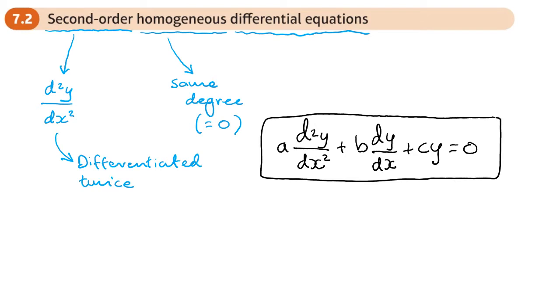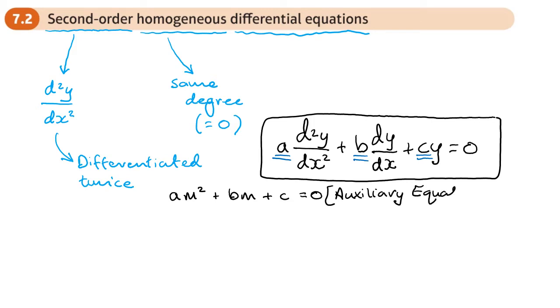So this is what a second order homogeneous differential equation looks like, and we need to go about solving this. The first thing we're going to do is gather these coefficients a, b and c, and form something called the auxiliary equation. It'll be am squared plus bm plus c equals 0. So we use those coefficients to form a quadratic.